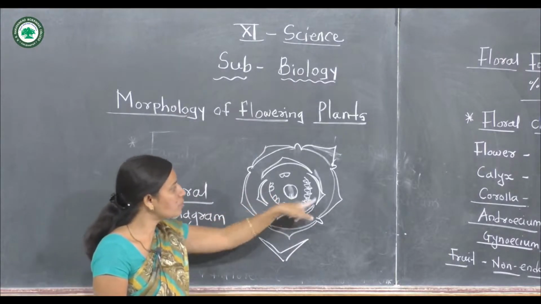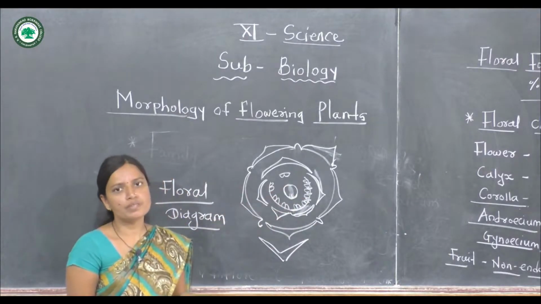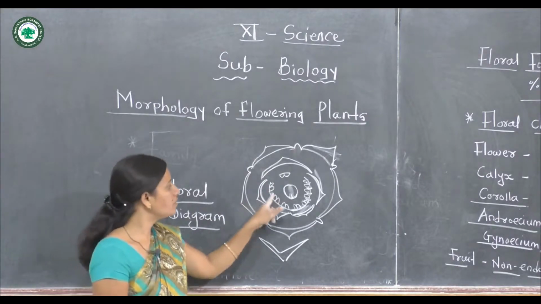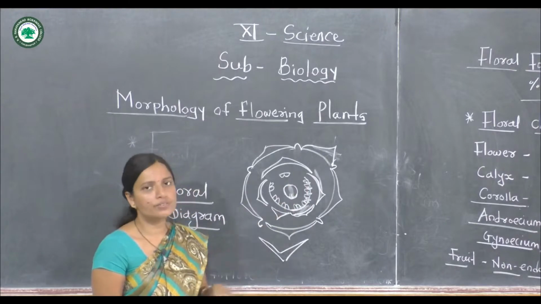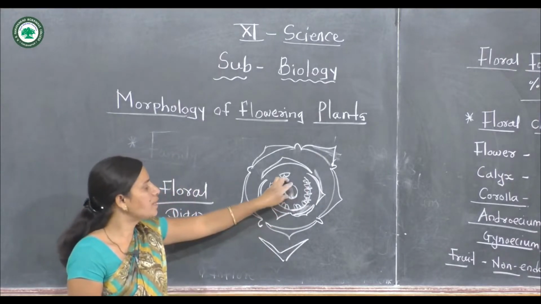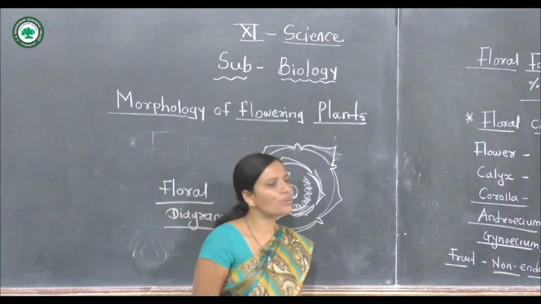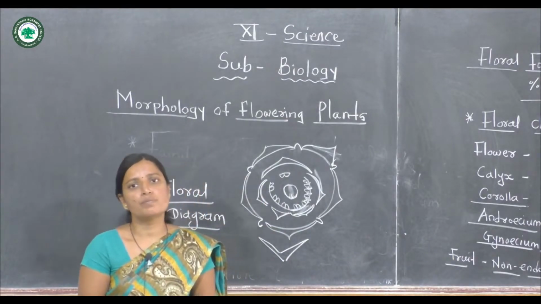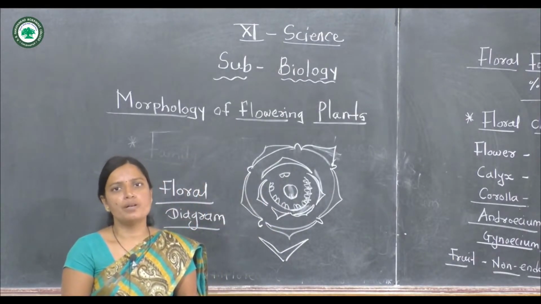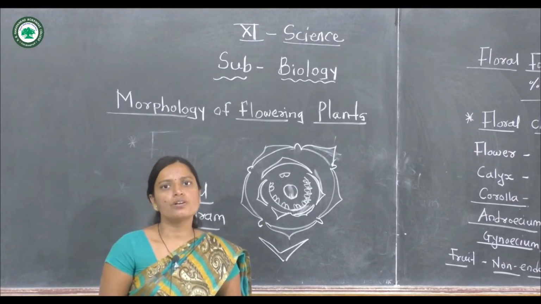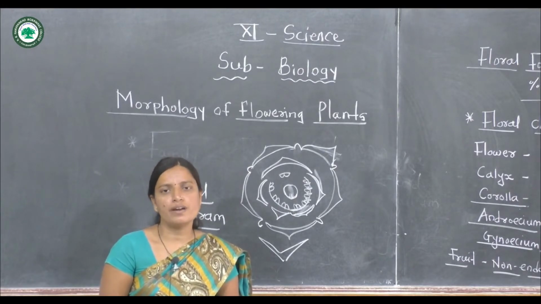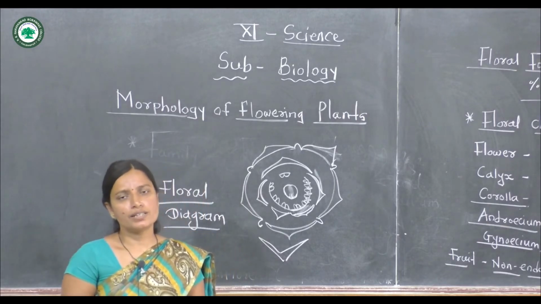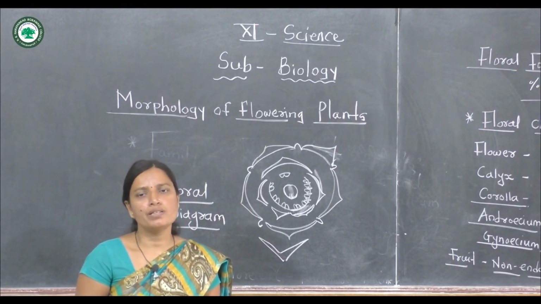The innermost is the androecium, stamens 9 plus 1: these 9 are jointed and 1 is free. The central gynoecium is monocarpellary, with a single carpel in this flower. This is family Fabaceae, with its floral and vegetative characters. In the next lecture we shall discuss the other family, Solanaceae.